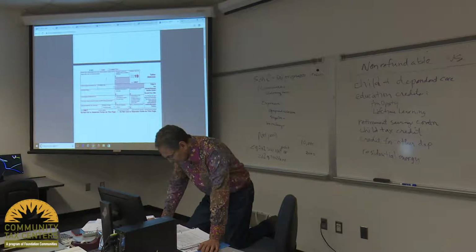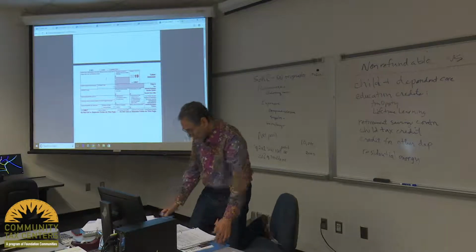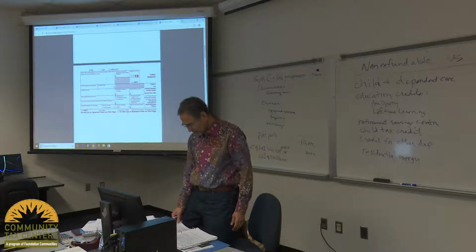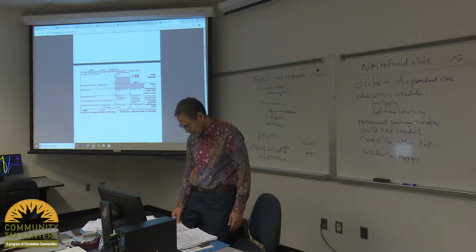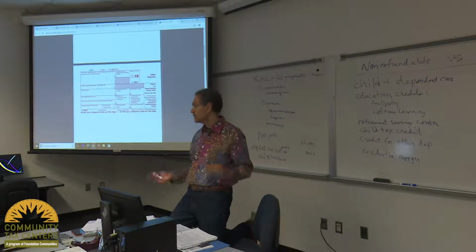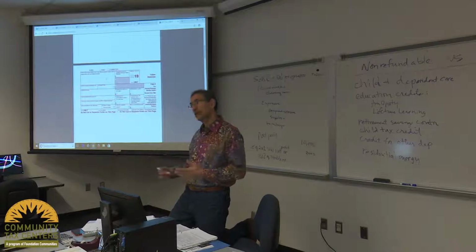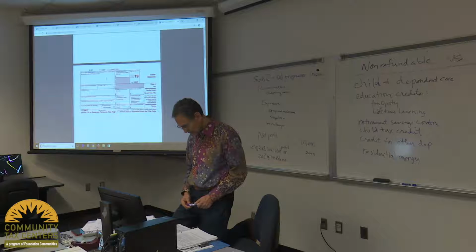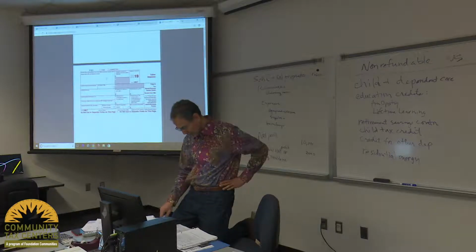What expenses qualify? Expenses paid for an academic period starting in 2018 or the first 3 months of 2019. Expenses not refunded when the student withdraws from class, and expenses paid with the proceeds from a loan. So if you're using a loan to pay for this stuff, then it's still eligible, right? Because you've got to pay that loan back. It's not like the grant or scholarship, which is the free money I referred to.